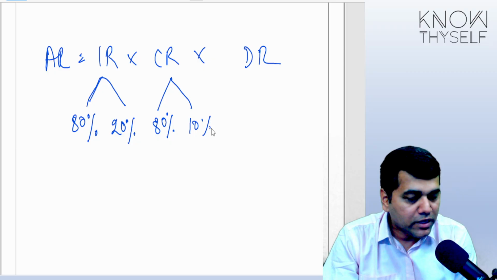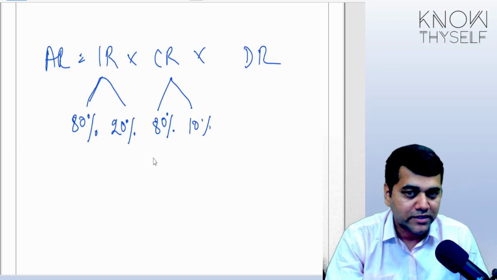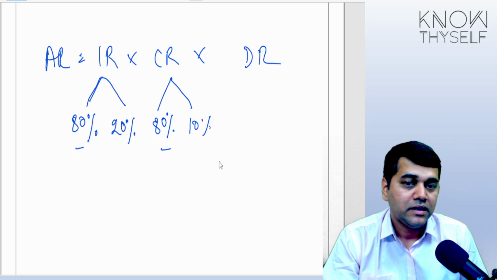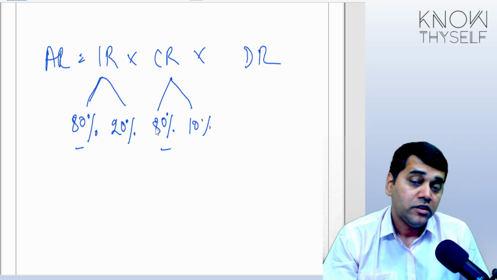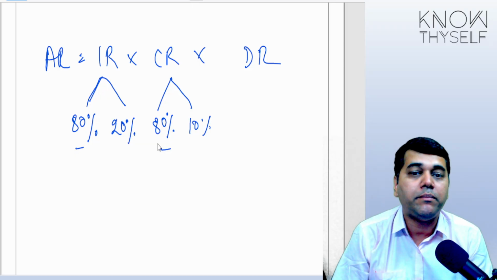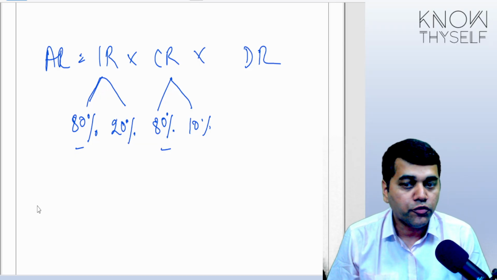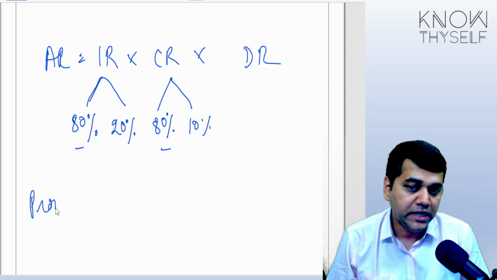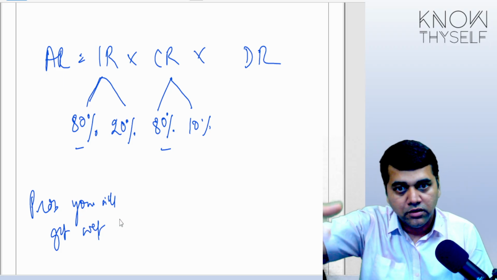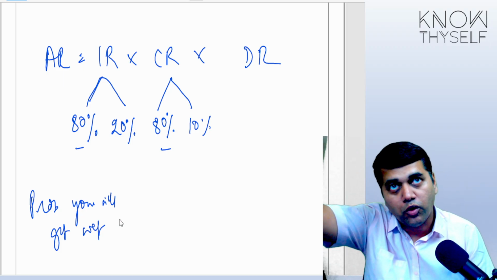Now, let me calculate, students. Please understand, it works like this. This is independent, but they are interdependent. Now, Wagner said, if you want to find a combined probability, what do I want to find out? What is the probability that you will get wet, that means water is poured on your head?